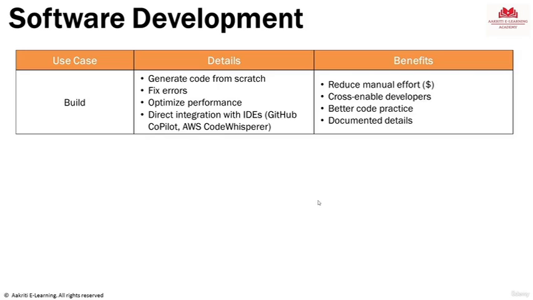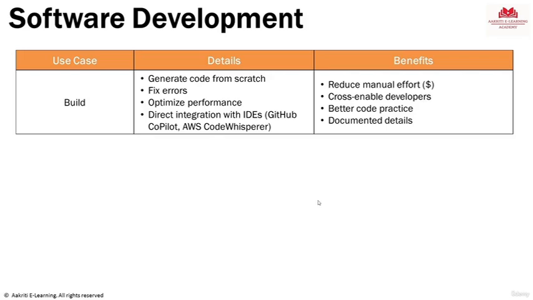And another big advantage of doing that is that you can choose to keep your data anonymous. Your code would not be shared with anybody. It would not be used for training the model. So some very common use cases that you can do with generative AI in the build phase.